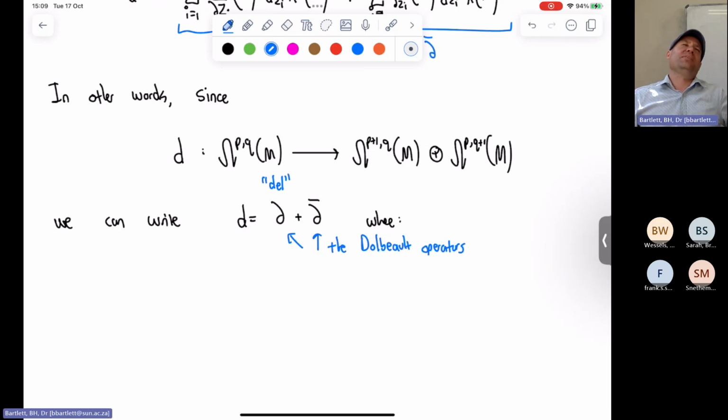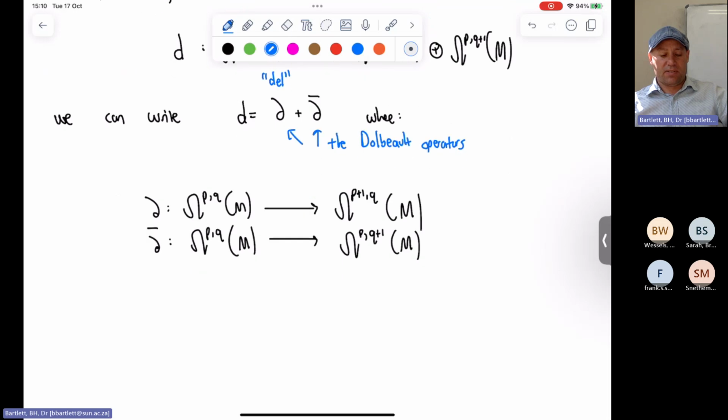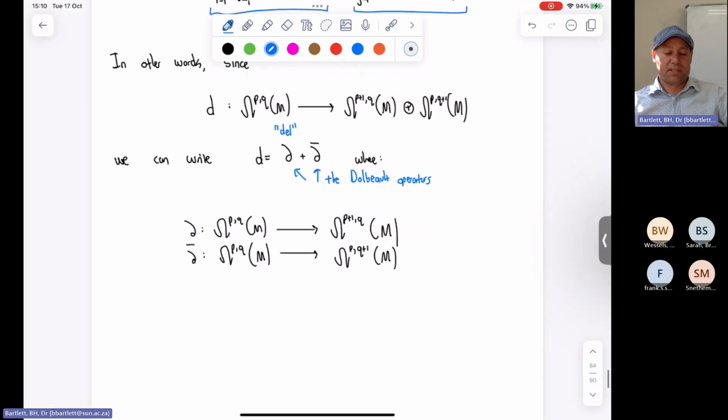And the cool mnemonic fact is that this was discovered by a Frenchman called Dolbeault, which sounds a lot like del bar. Anyway, these are called the Dolbeault operators, del and del bar. So on a complex manifold, we decomposed the exterior derivative as a sum of del plus del bar, right?